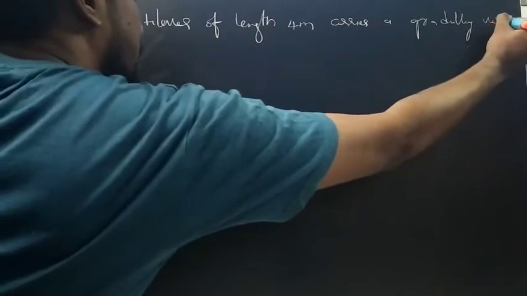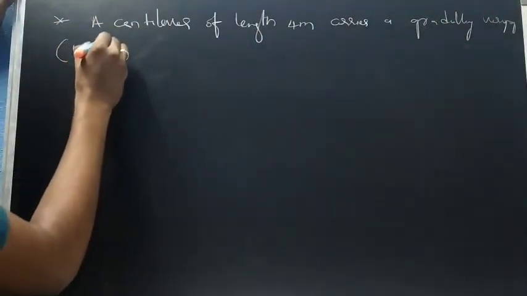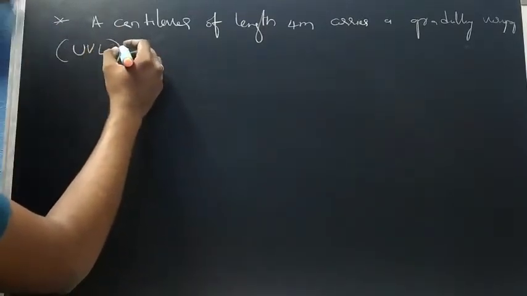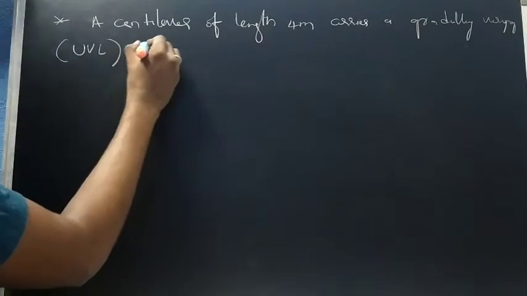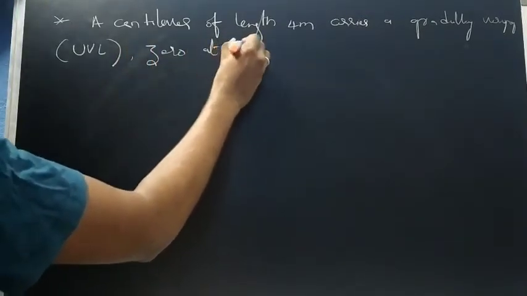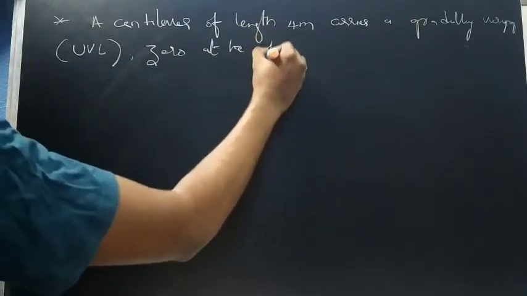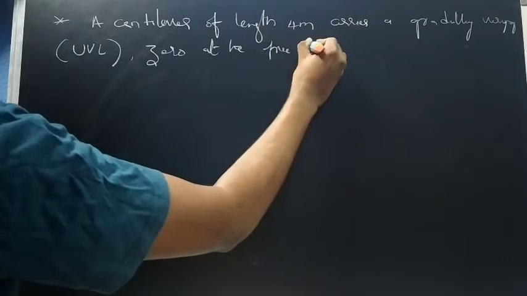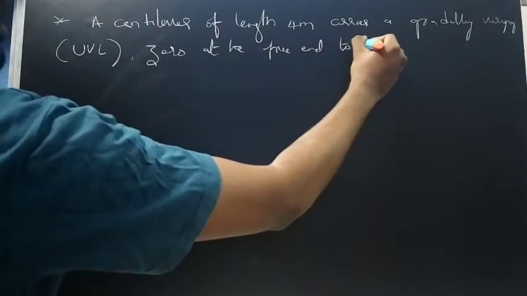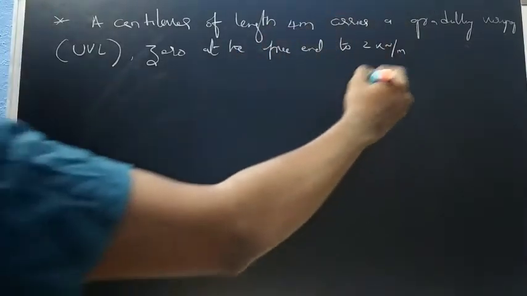Gradually varying load, that is UVL. So I will write here UVL, uniformly varying load, and set 0 at the end, 0 at the free end, to 2 kilonewton per meter at the fixed end.